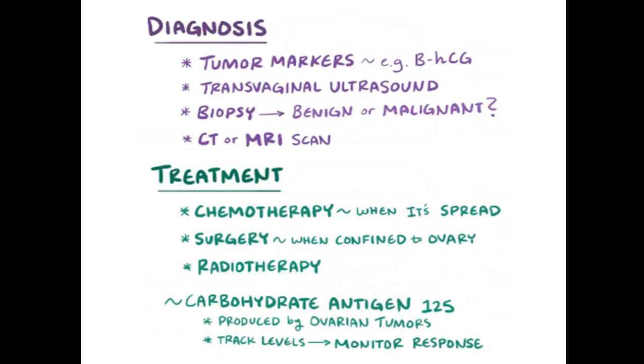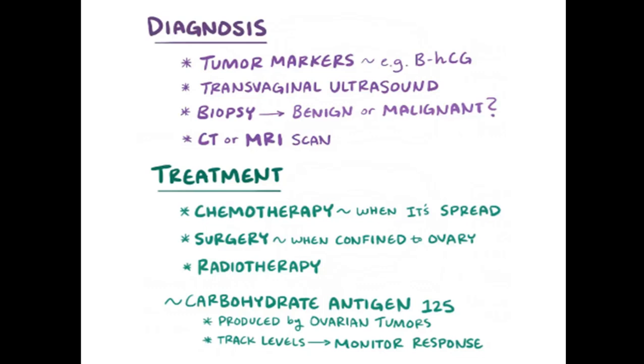So, examining the levels of beta human chorionic gonadotropin can help us in the diagnosis. We will do CT, computed tomography, or magnetic resonance imaging to see the size, location, and position of the tumor in the pelvis or abdomen.